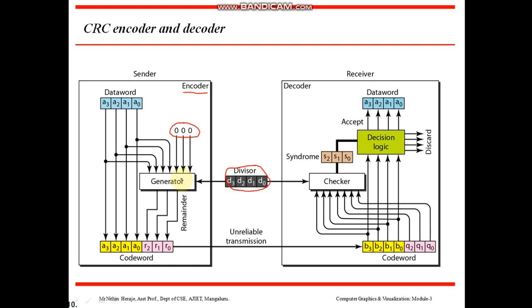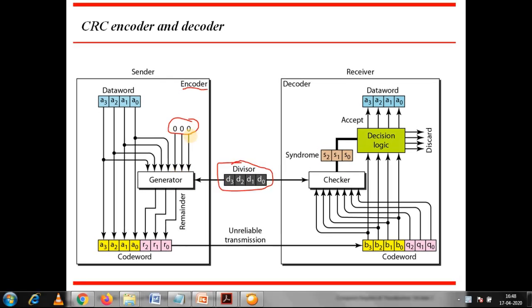Okay, so the given data word we are going to append n minus 1 bits. So if 4 is the number of bits of data word, then the data word is 4 bits, and then we are going to append 3 bits here, and we are going to pass to the generator, where generator will generate a 3-bit remainder here.